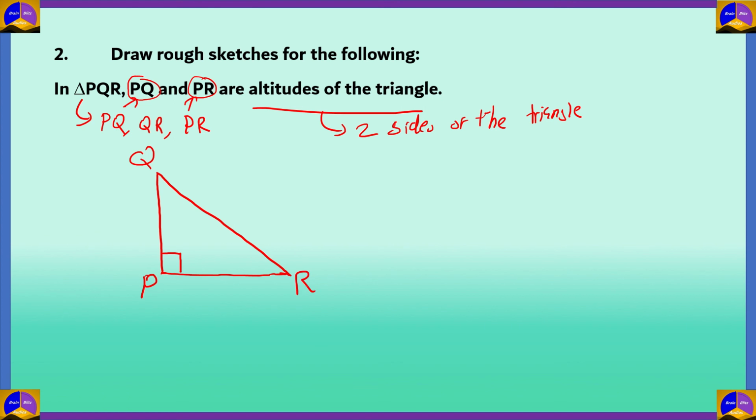Now this is correct in this case, because if we see PQ, it is intersecting PR at a right angle.